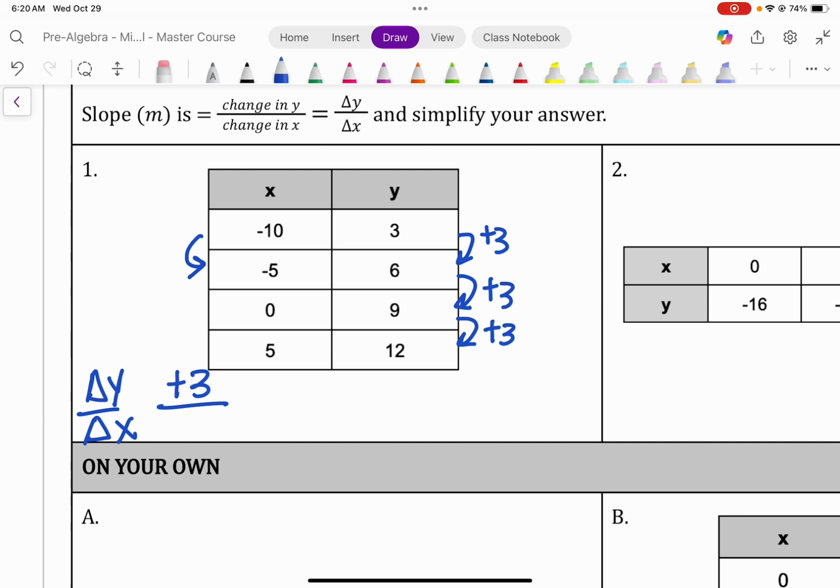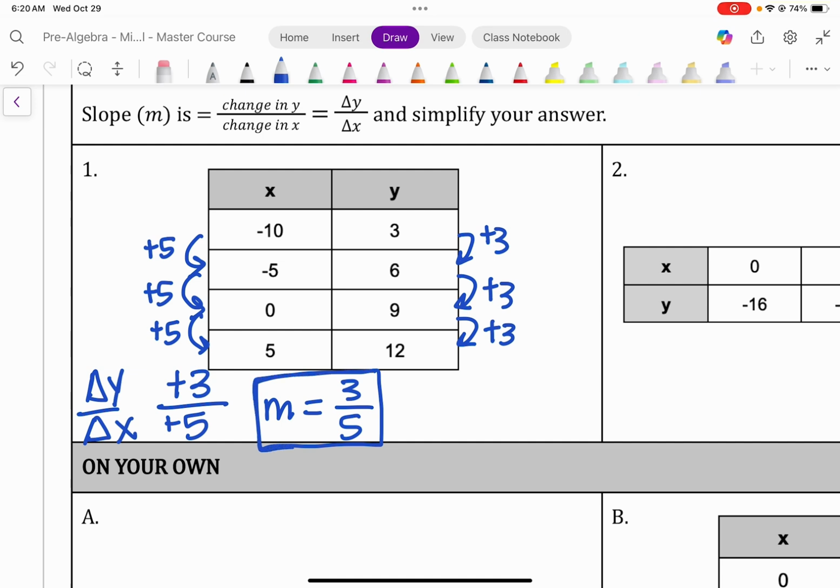On the x side, to go from negative 10 to negative 5, I'm adding 5. Negative 5 to 0, I'm adding 5. 0 to 5, I'm adding 5. So that means my slope is just 3 over 5. You can't simplify it anymore, and you don't want to write it as a decimal.